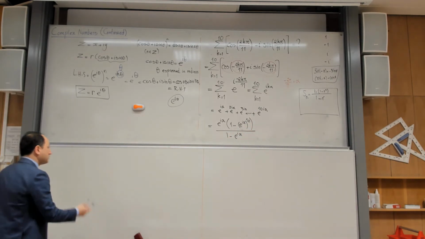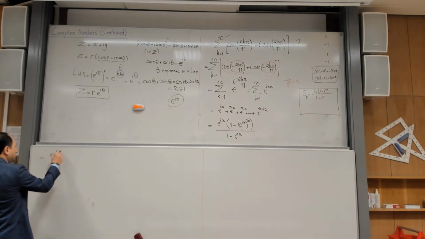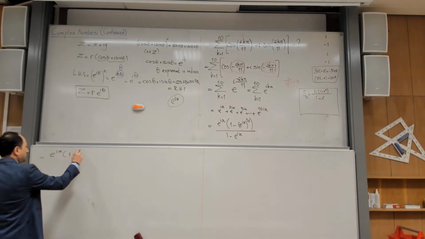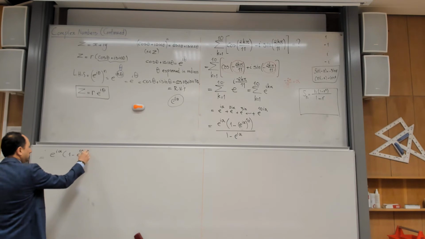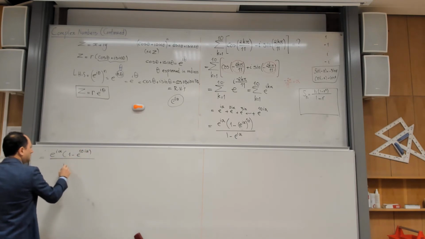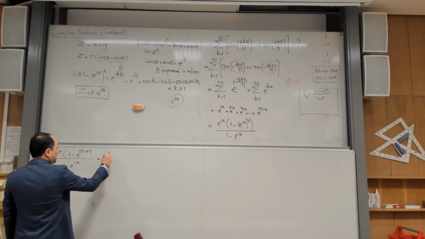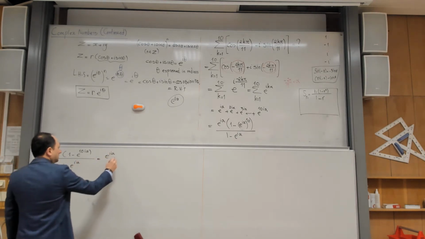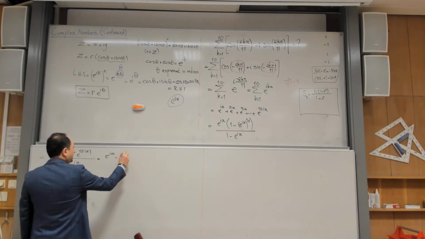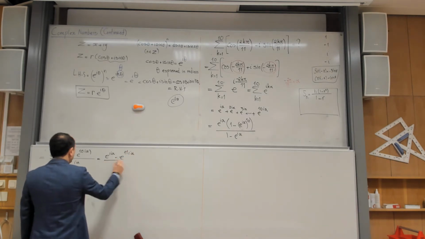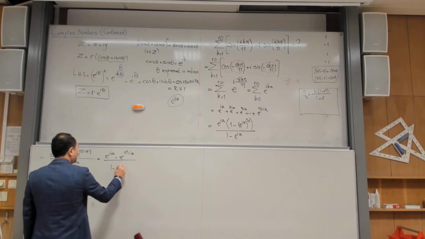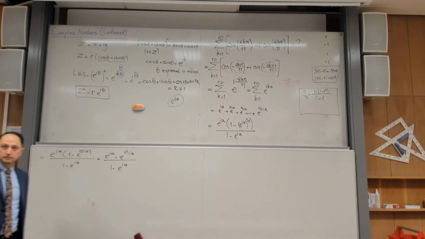So this becomes e to the power of I alpha times 1 minus e to the power of 10 I alpha, divided by 1 minus e to the power of I alpha. But then let me multiply this in. It becomes e to the power of I alpha minus e to the power of 11 I alpha, divided by 1 minus e to the power of I alpha.